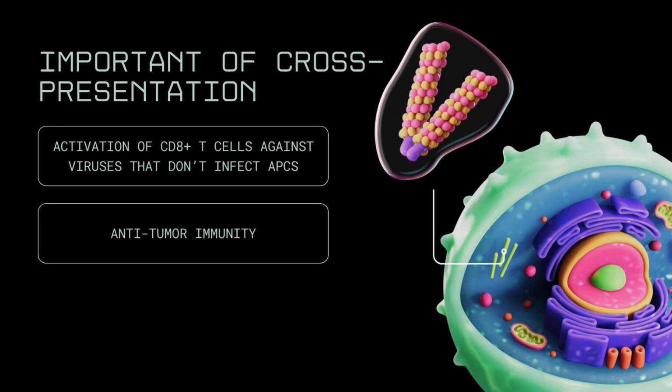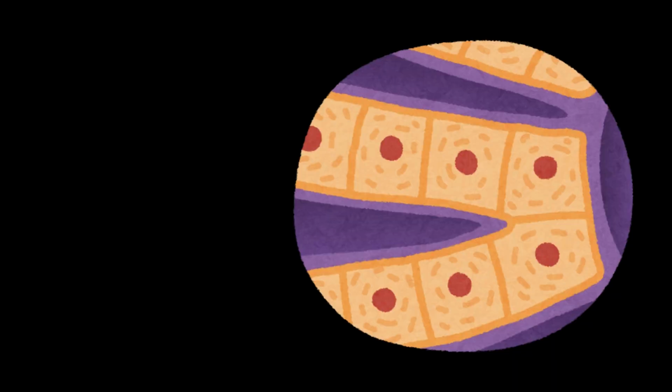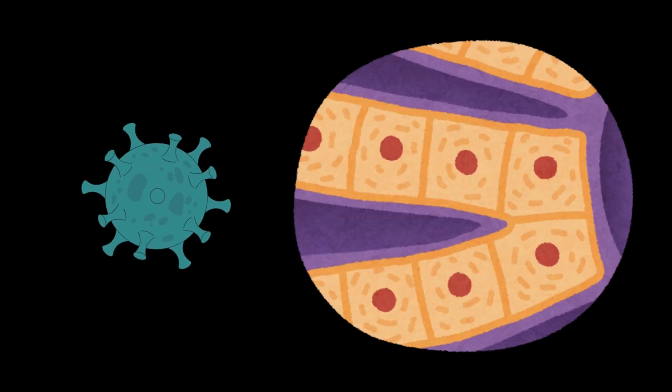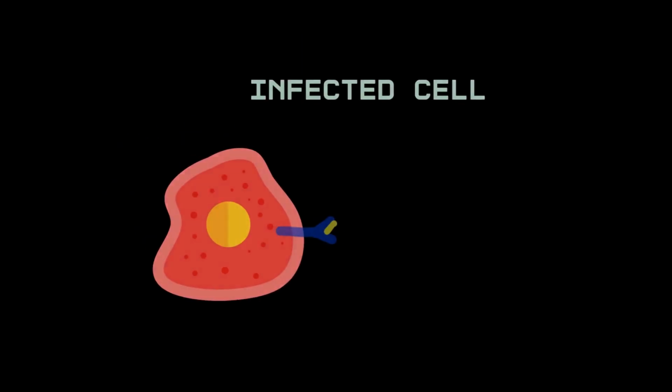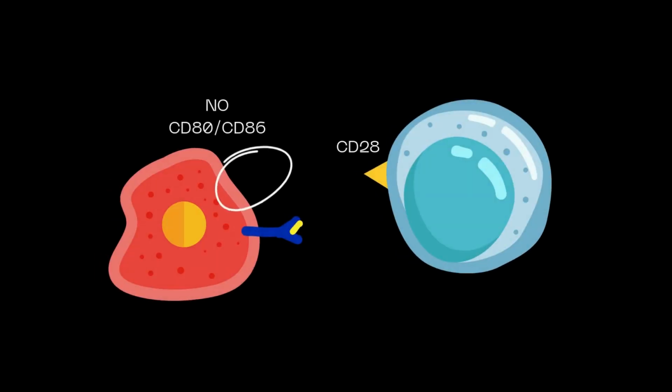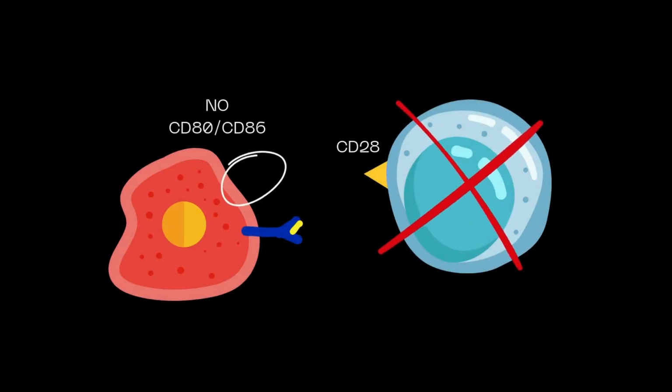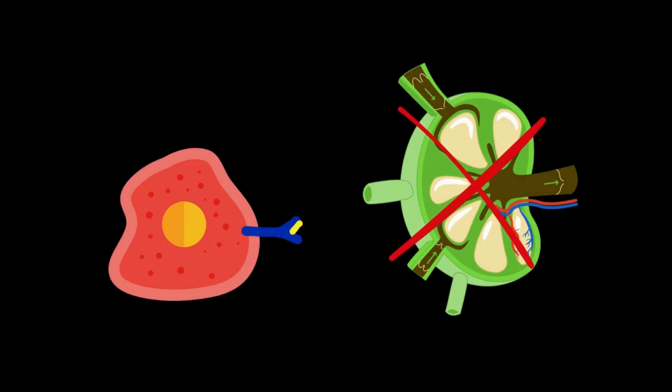Cross-presentation of antigen is important as it activates CD8 positive T cells against viruses that don't infect epithelial cells. Same as explained before, some viruses infect body cells such as liver cells. These infected cells can't activate CD8 positive T cells because they don't express co-stimulatory molecules, and since they are not professional antigen-presenting cells, they can't go to lymph nodes.